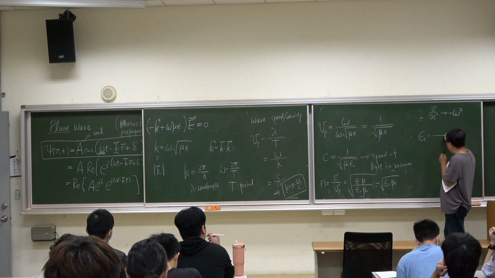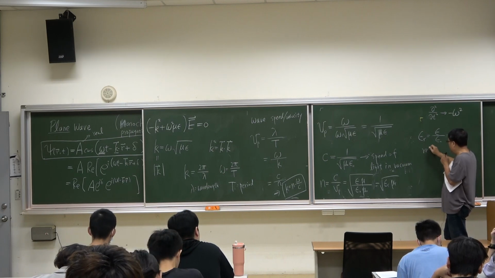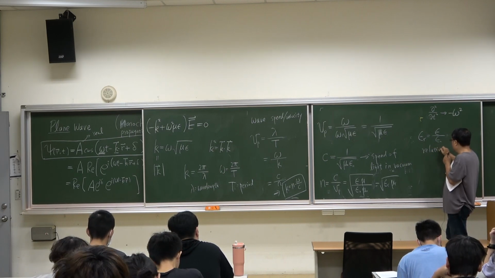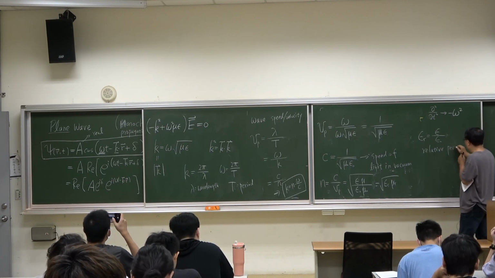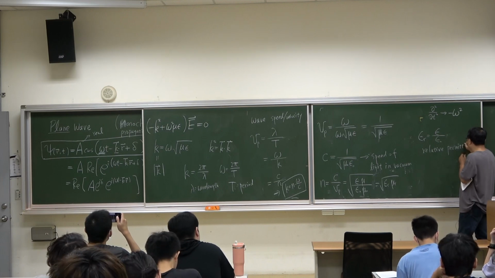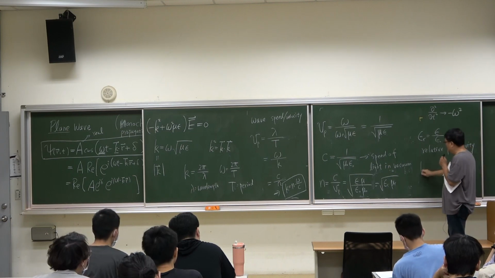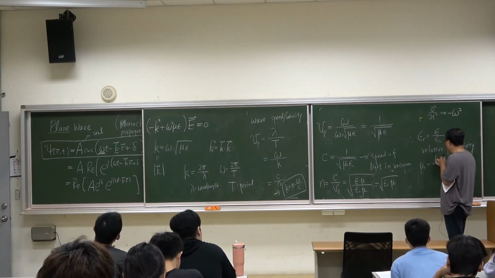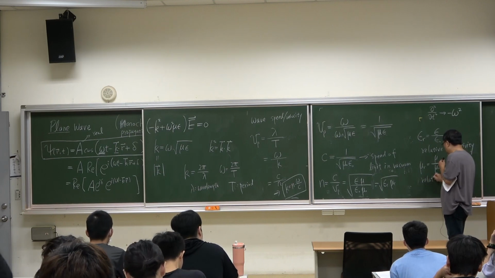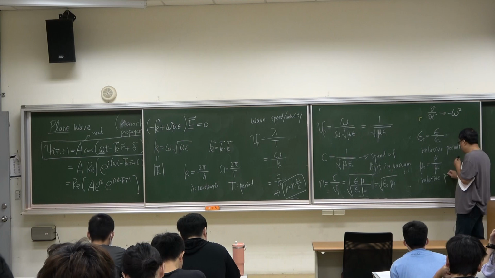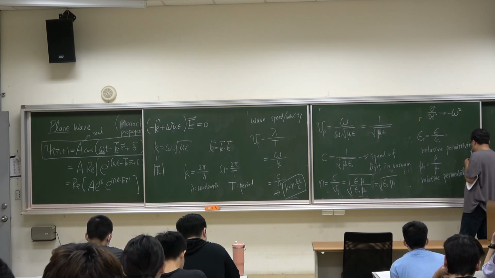Epsilon r is equal to epsilon over epsilon 0. This is the relative permittivity. And mu r is the relative permeability.